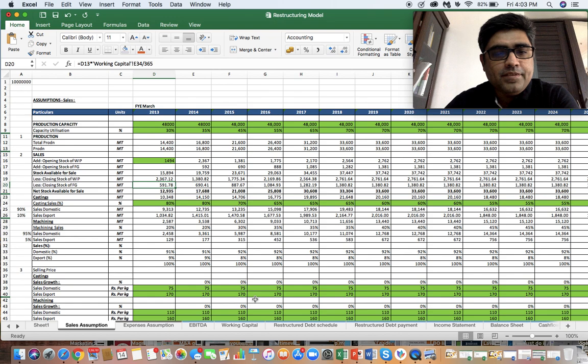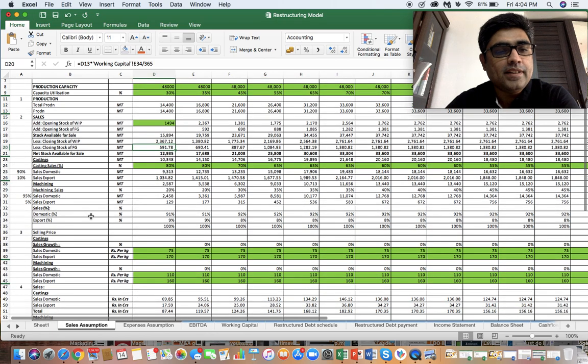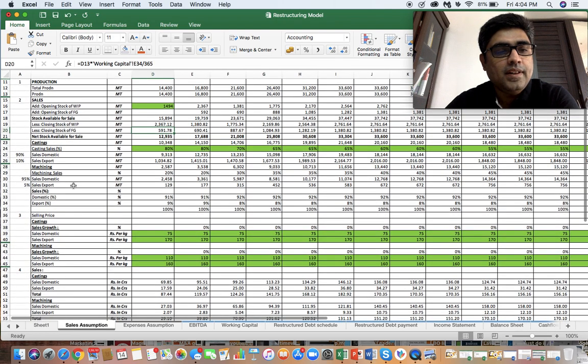So as you see, the first sheet is the sales assumption sheet, which speaks about the different assumptions in context of sales. So we see production capacity, the production which has actually happened, the sales, the adjustment in the sales entries that's been done, the percentage of sales in the export market and the domestic market, and different broader heads of castings, machining, and all, right?